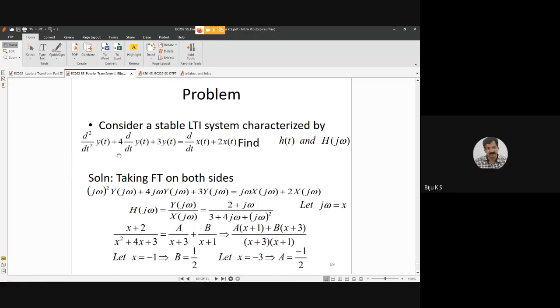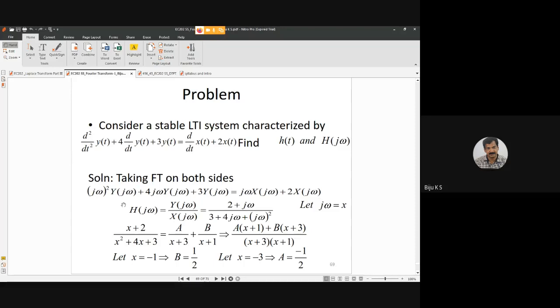From this equation, we can take the Fourier transform of both sides. The first term will be (j omega) square into Y(j omega), the second is 4 into j omega into Y(j omega), and the third, 3y(t), becomes 3 into Y(j omega). The right hand side is similarly j omega into X(j omega) plus 2X(j omega).